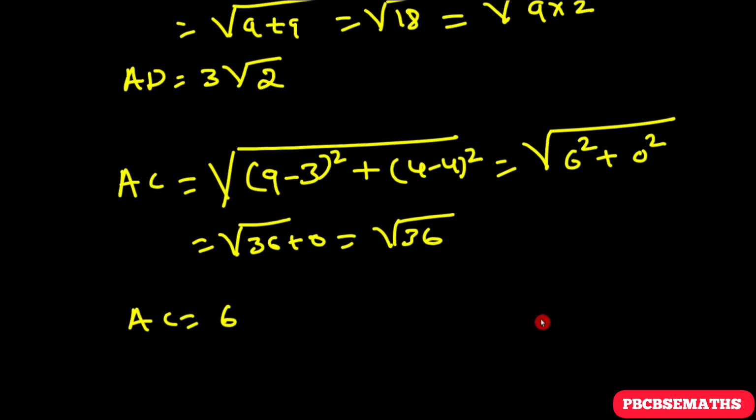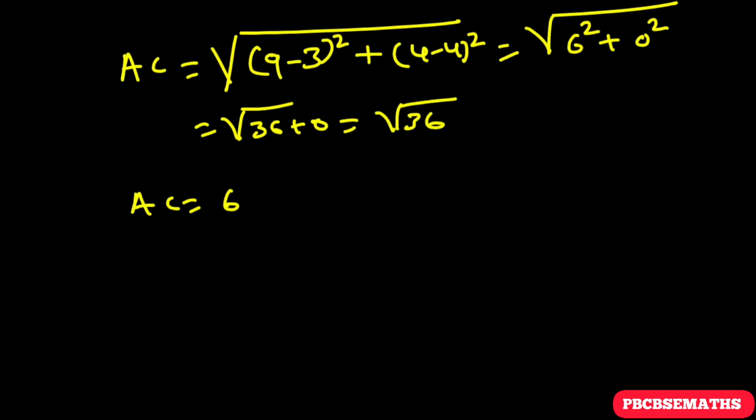Now let's find the value of BD. For this, let's consider the coordinates of B as x1, y1 and D as x2, y2. So the value of x2 is 6 minus the value of x1, which is also 6.